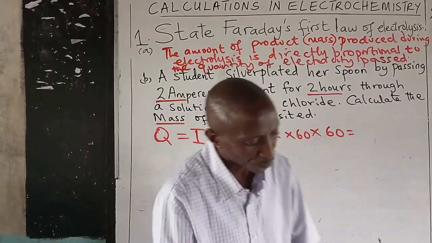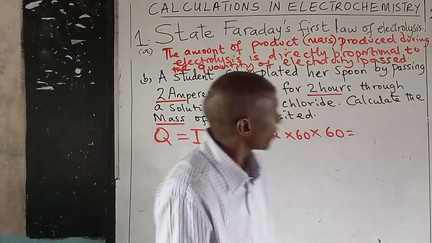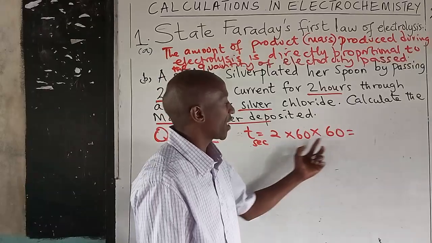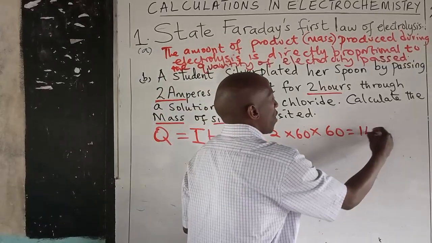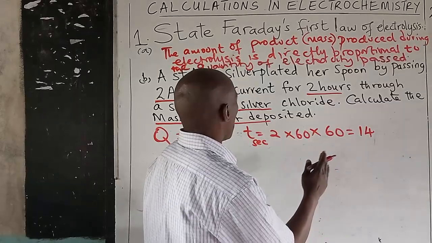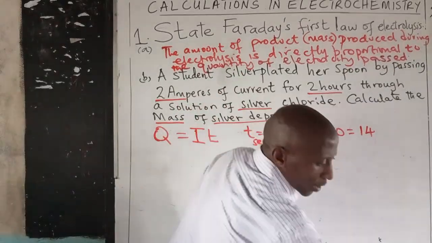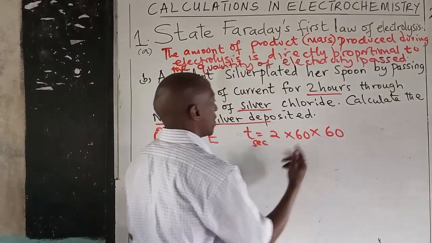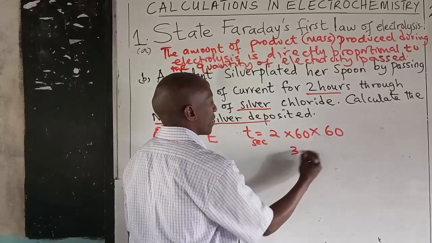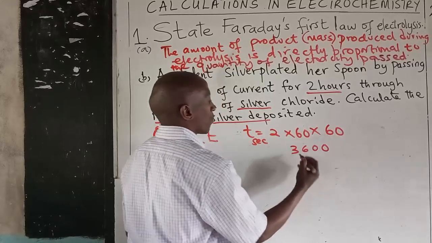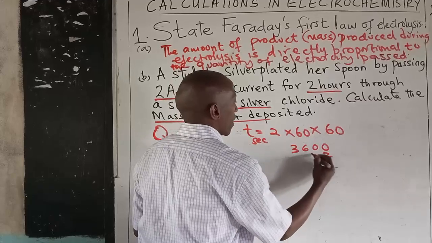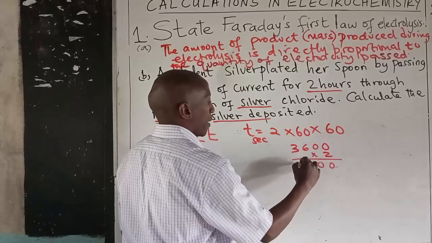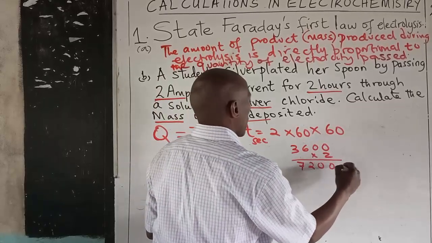So we have 2 hours converted to minutes, minutes converted to seconds. We can convert that very quickly. That will be 3600 multiplied by 2, and that gives us 7200 seconds.